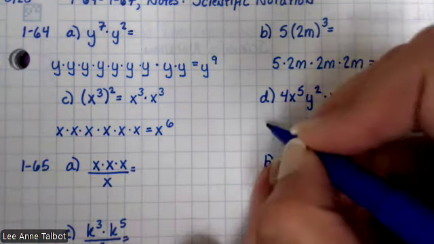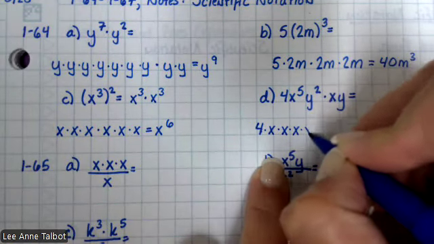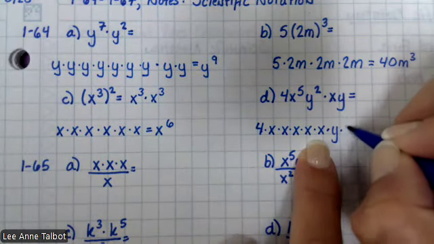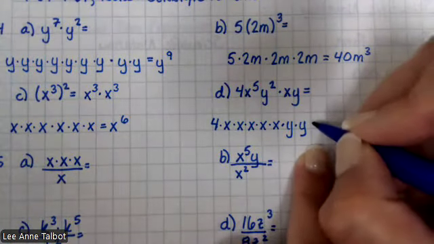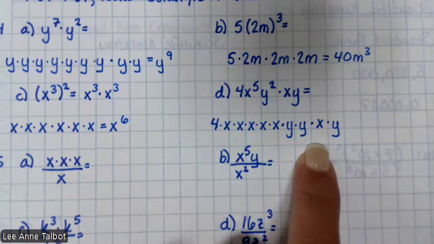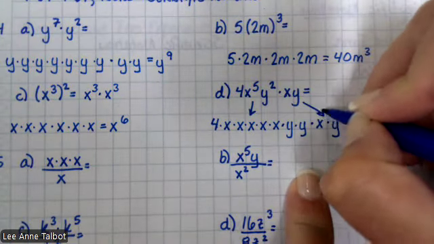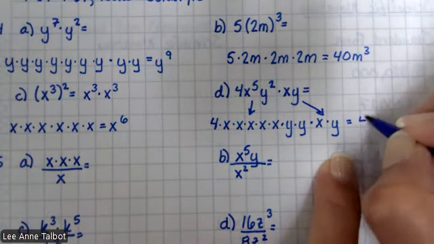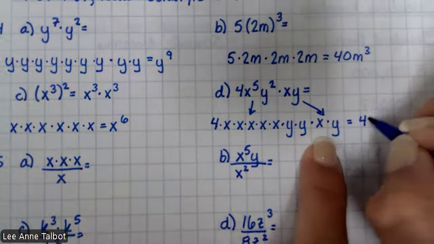Okay, so this guy. 4 times x times x times x times x times x. So there's 4x to the 5th y squared times x times y. That's xy right there. Okay, so that's 4. How many x's do I have? 6.